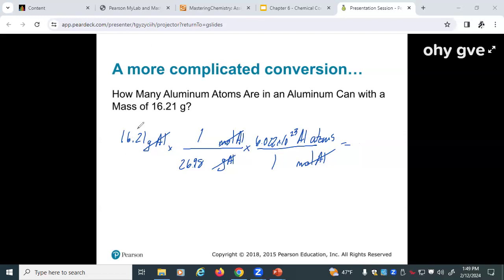And in this case, I'm going to have 4 significant figures, because I have 4 here, 4 here, and 4 here. It would be 3.618 times 10 to the 23rd aluminum atoms.